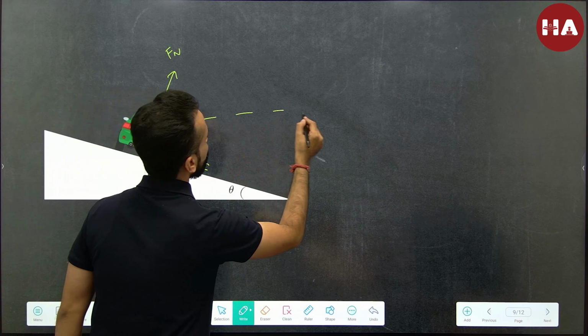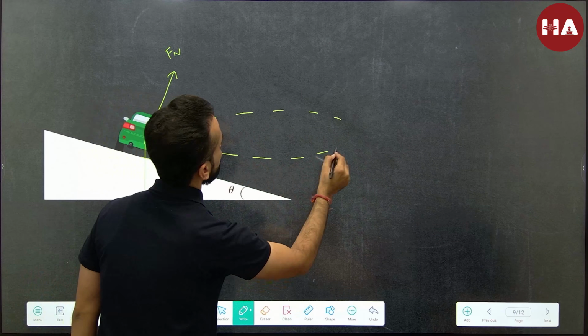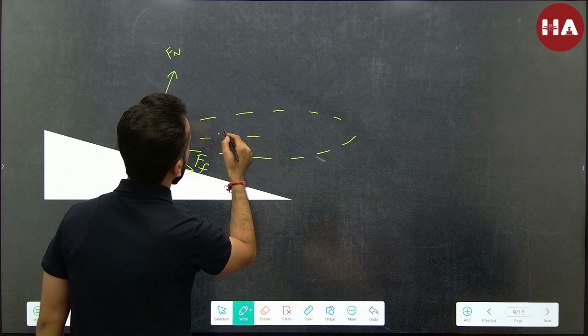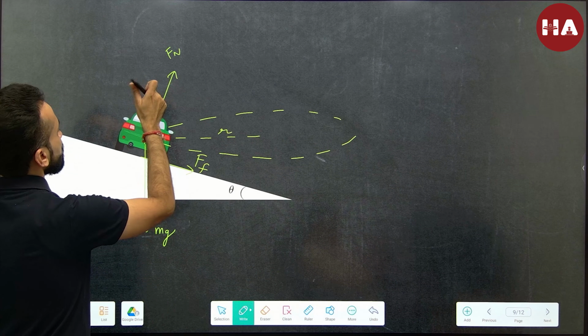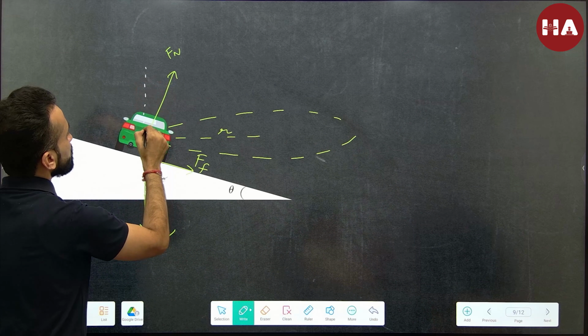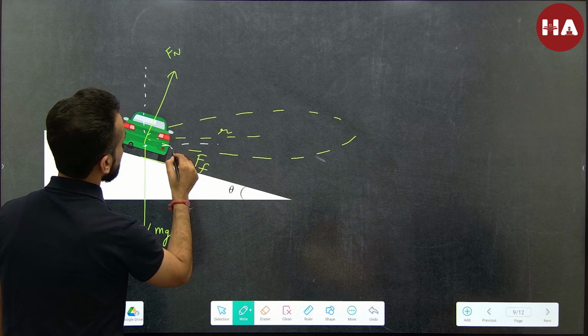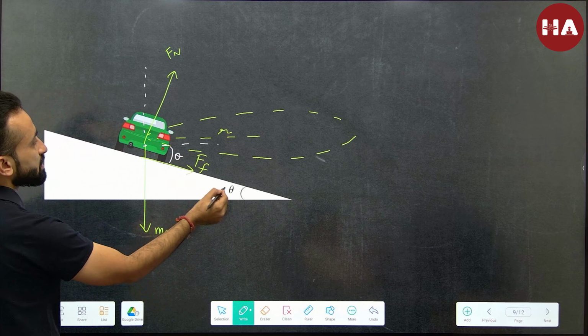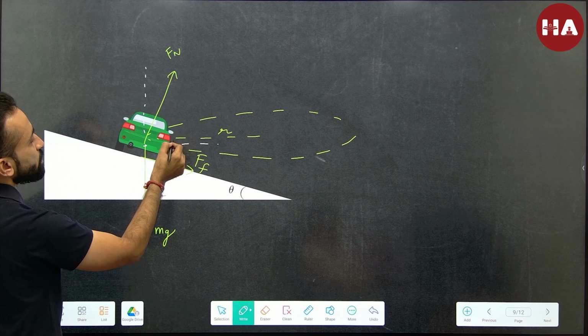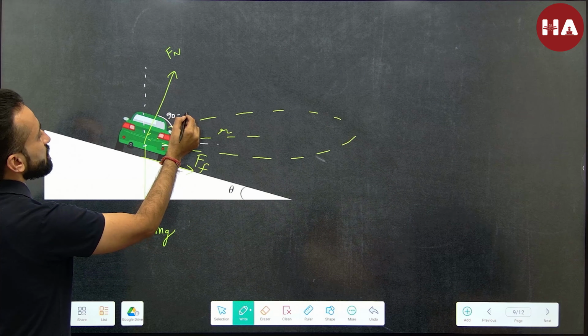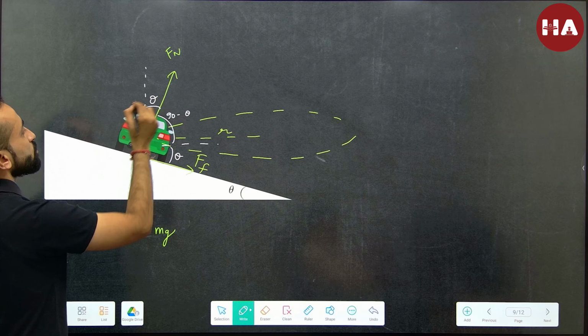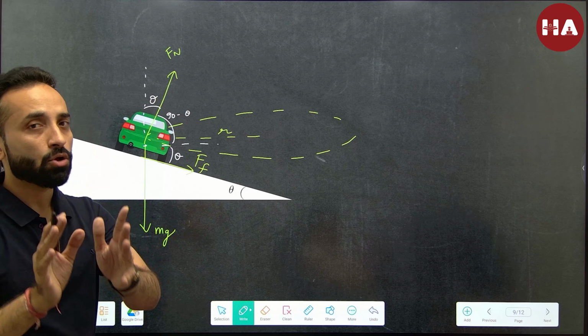So let's say you are moving on a circular path with radius r, okay, and let's resolve the forces. All right, so as you would understand, this angle is going to be theta, as this is also theta, so this is going to be 90 minus theta, so this again is going to be theta. I just want to take the components.